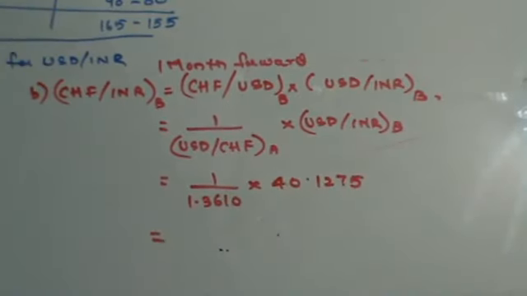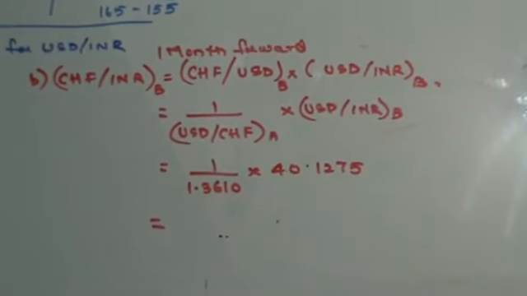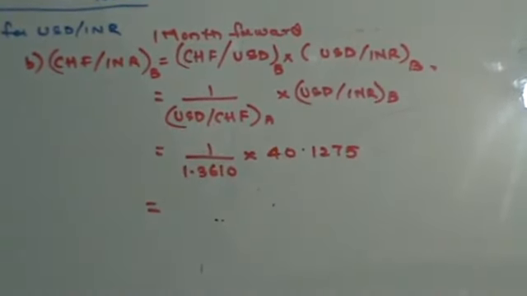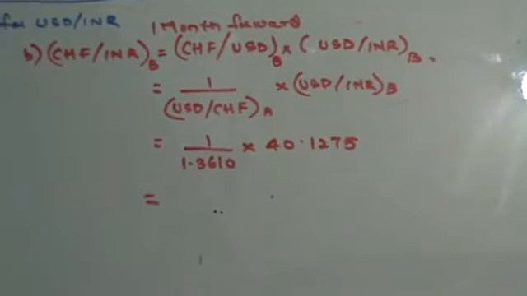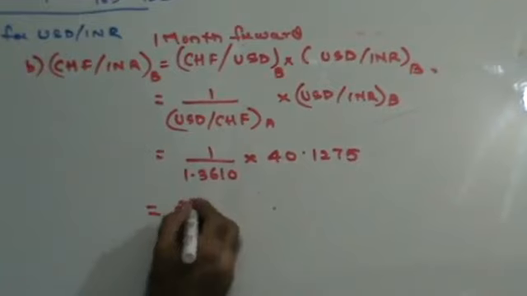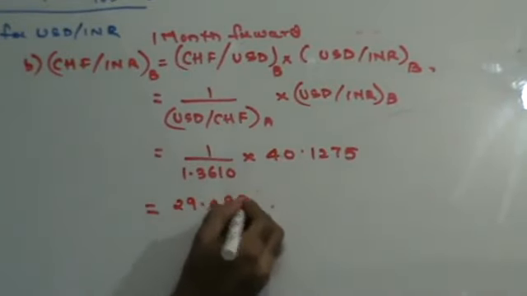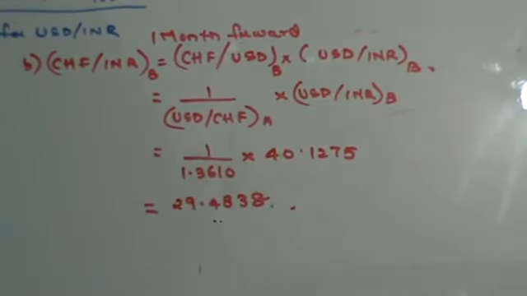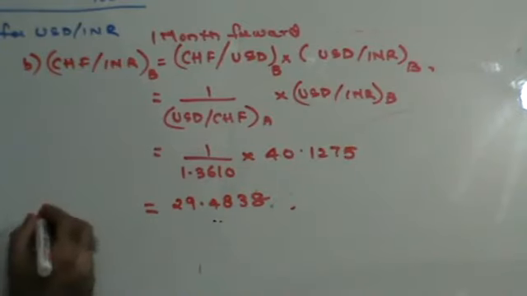When you solve this, you should get this answer as 29.4838. This is bid.